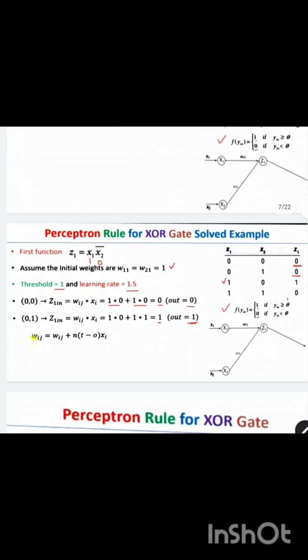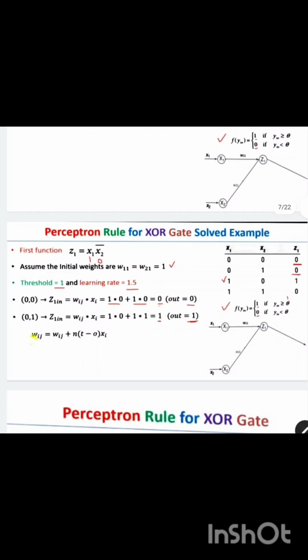Alright, we will now apply the weights for the first case, which is z1. So we calculate wij into xi. So what is wij into xi? Firstly we are doing it for x1 and then we will do it for x2.